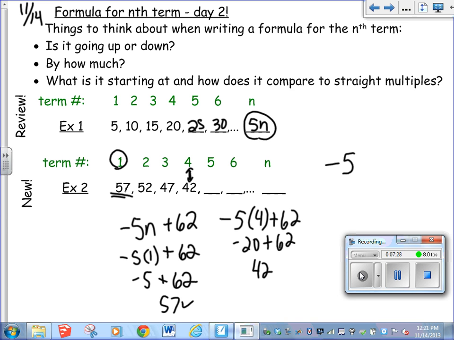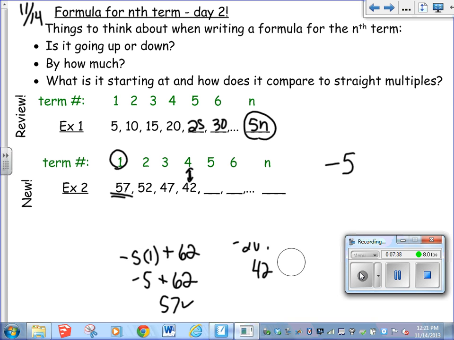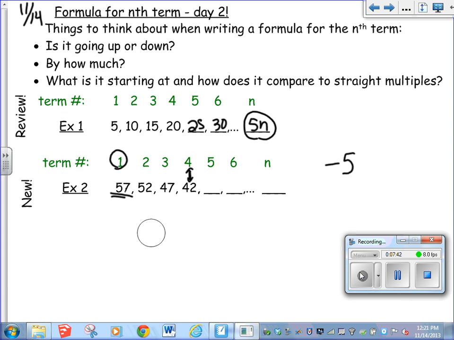Here's my advice. You get the -5n part, right? So what I recommend you do is once you understand the variable chunk, the -5n, just start with term 1.